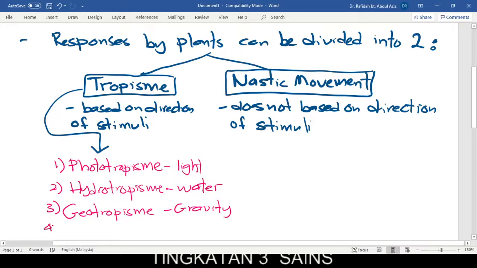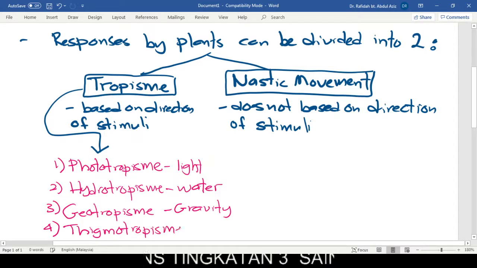Fourth is thigmotropism. This type of tropism is based on the stimuli of touch. So these four, phototropism, hydrotropism, geotropism, and thigmotropism, the name given is based on the type of stimuli.